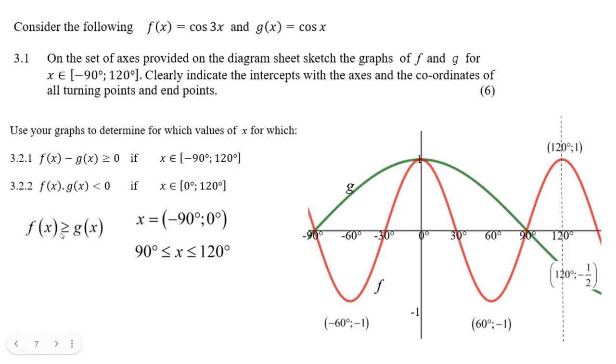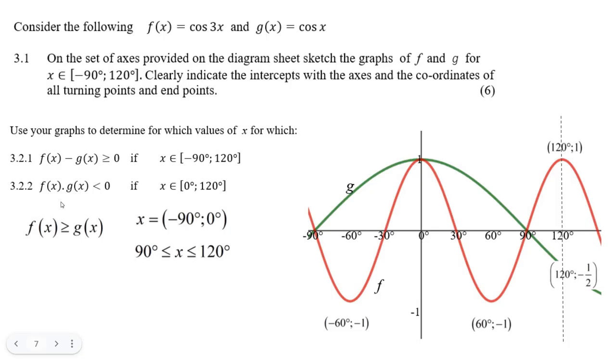It does equal 0 at minus 90 degrees and 0, where they are equal to each other, but the only place where the red goes above the green, where f is greater than g, is between 120 and 90 degrees. So that's your complete solution there.